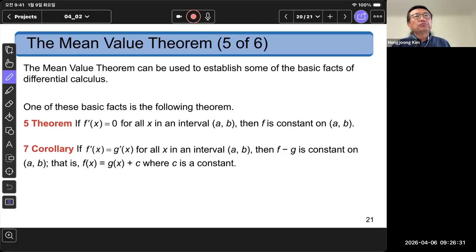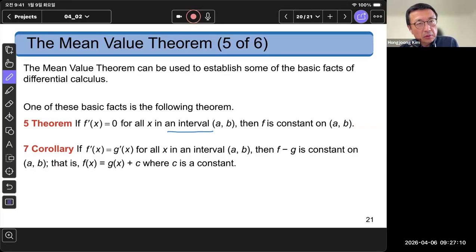Now, the following theorem and corollary can be proved using the mean value theorem, but I don't want to prove this theorem or corollary, but you need to memorize them. First, if f prime is 0 on some interval, so in this section I have a certain statement which is described on one interval.